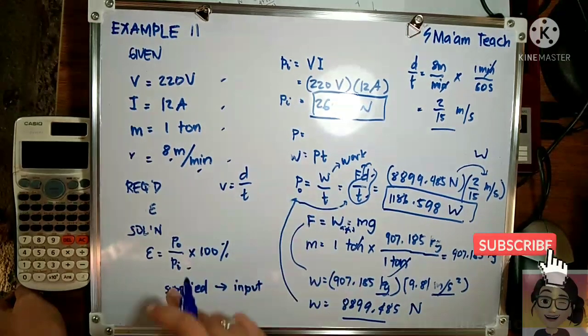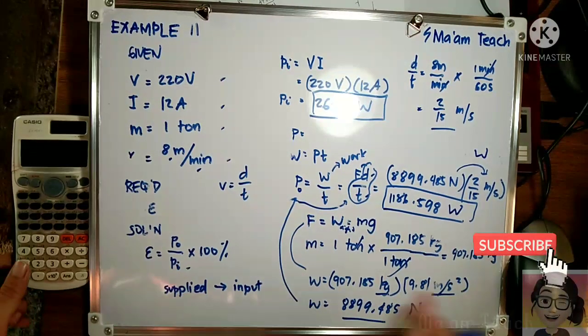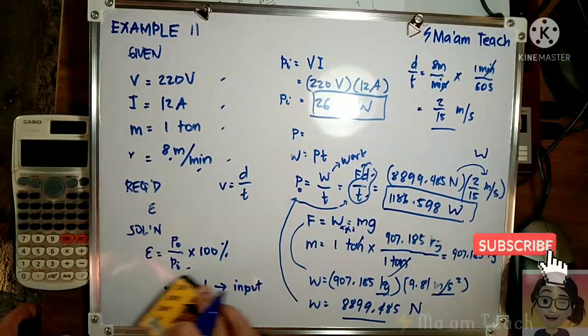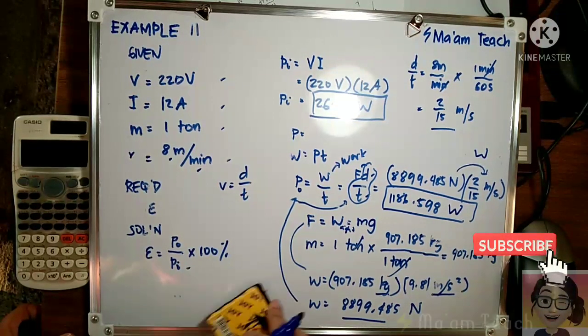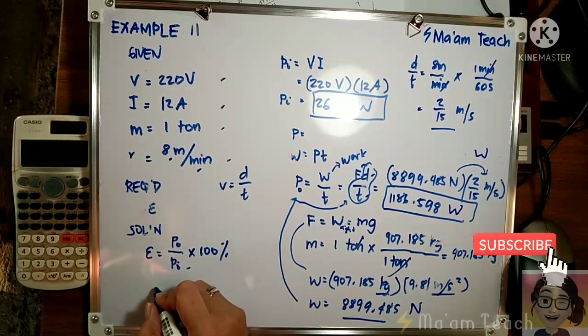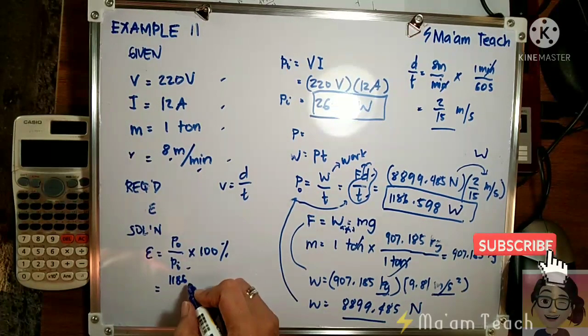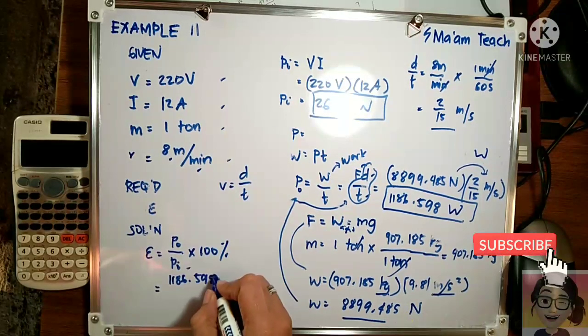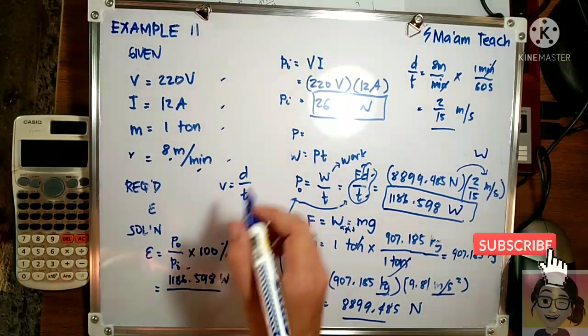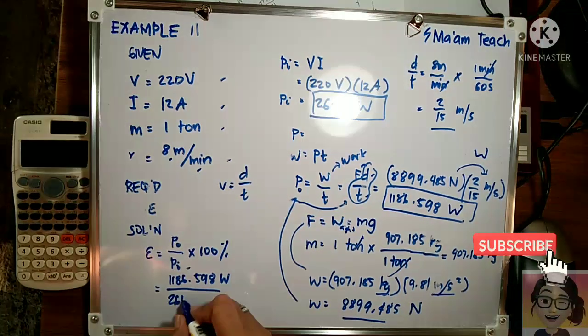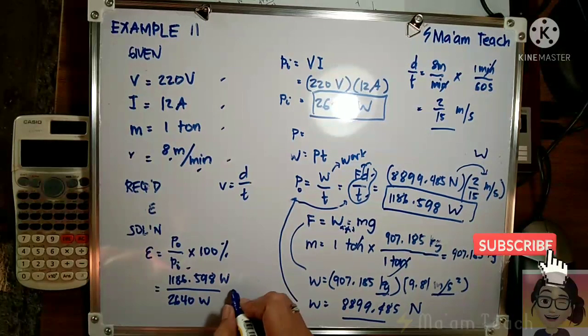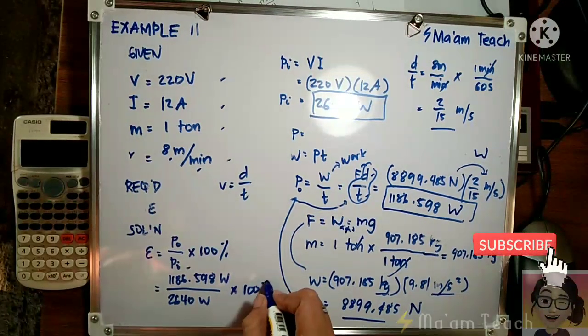So going back here in our formula of efficiency, substituting, power output is 1186.598 watts, all over your input, which is 2640 watts, times 100%.